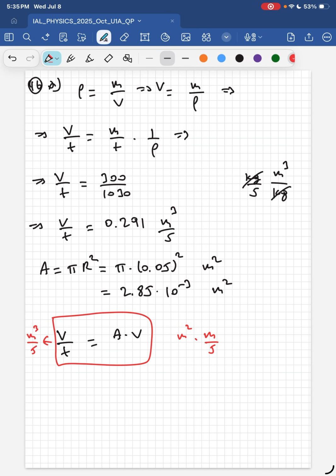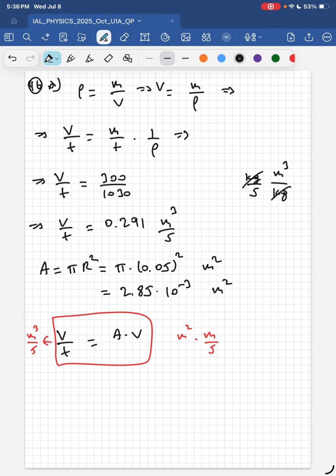I mean, the volume of water per time coming out of the pipe should be equal to the cross-sectional area times the velocity. If you imagine it, you have something coming out, so the distance it covers per second is the velocity, of course, times how many of these particles come out. They are going to be equal to the area of the pipe, okay? So this is what we need to use.